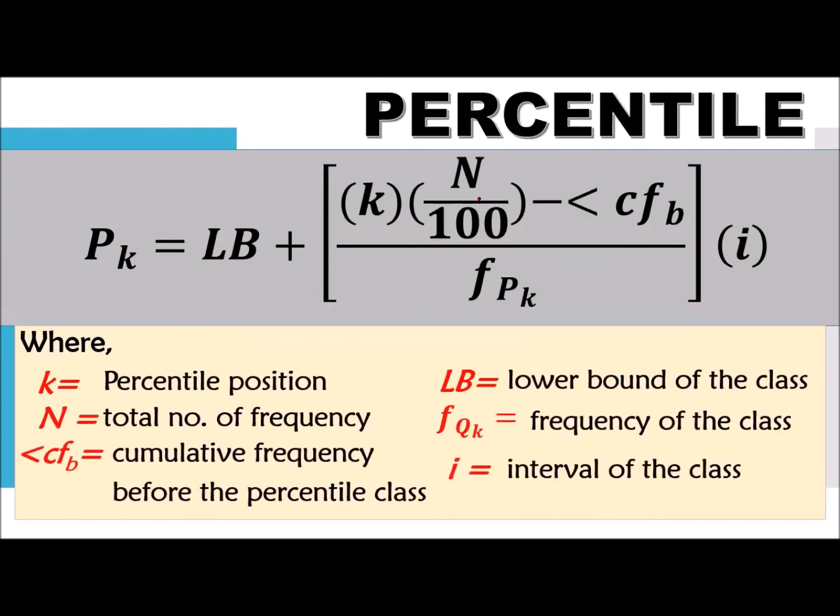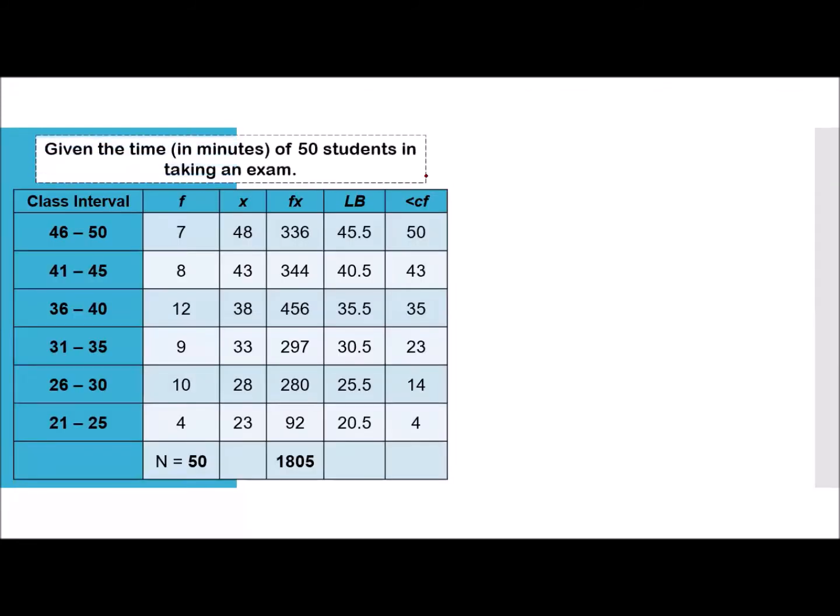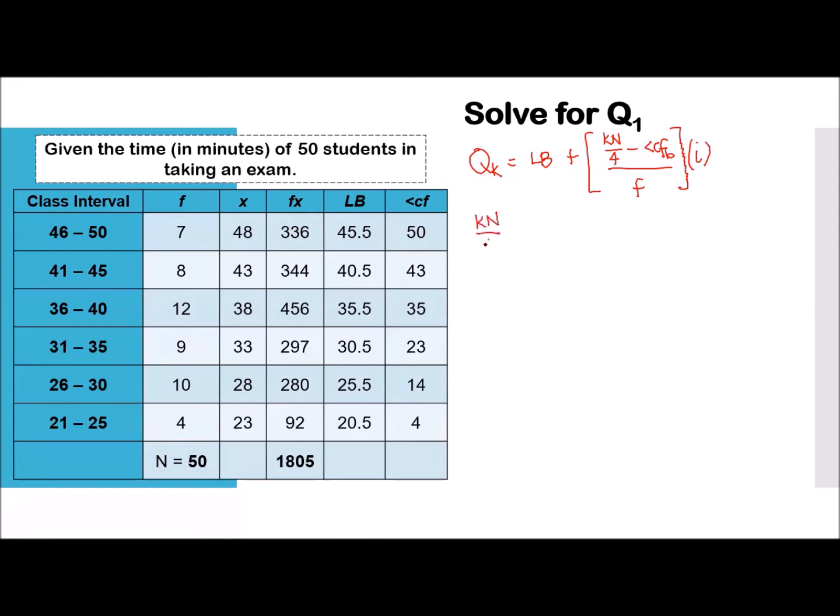Okay? So, yan yung sinasabi ko kanina. So, mag-solve na po tayo. Let's now solve for Q sub 1 muna. Okay? So, Q sub K is equal to the lower bound plus Kn over 4 minus the cumulative less than frequency below all over the frequency times I. Okay, so uunahin ulit natin, syempre, yung quartile class.